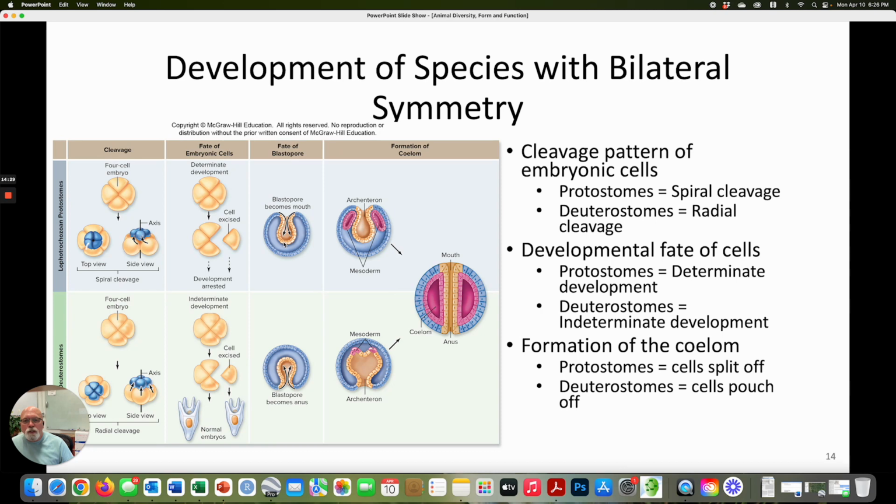And when it invaginates, the inner portion here is going to become endoderm, the outer portion is ectoderm, and then you begin to have mesoderm arising from ectoderm on one side and endoderm on the other side, and that's what begins to form this coelom. In this case, this initial opening, the blastopore, becomes the mouth of the organism.